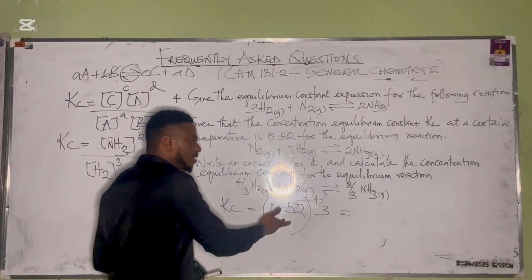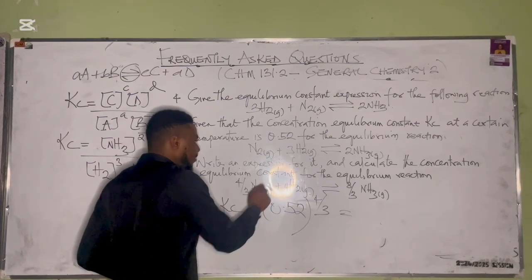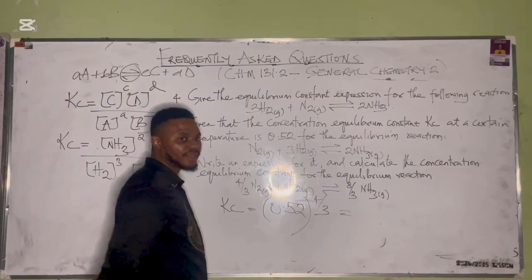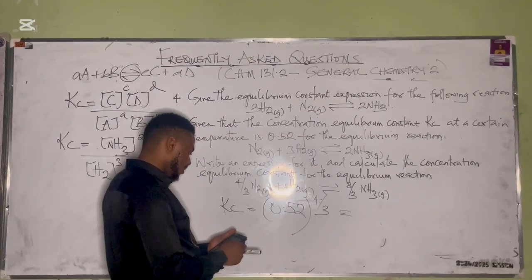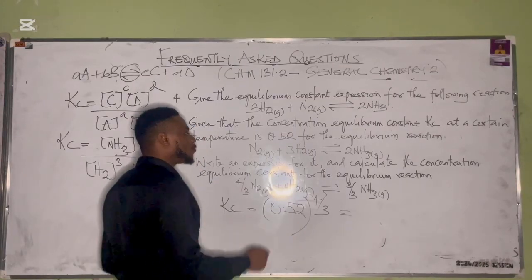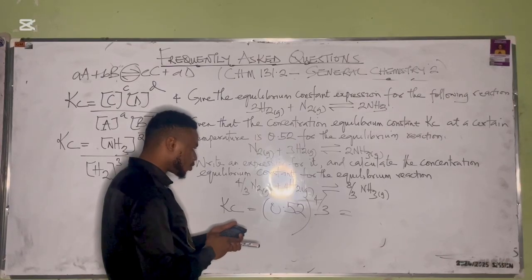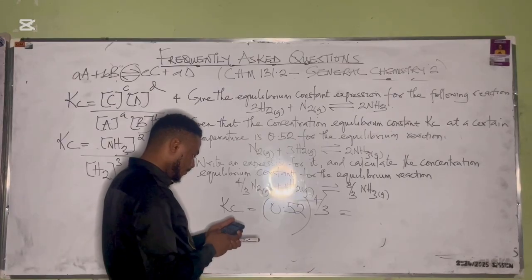We would have done 1/0.52 if this reaction was swapped. But if it's not swapped, you just do 0.52, then raise it to the power of what was used in multiplying. So we say 0.52 raised to power 4/3.